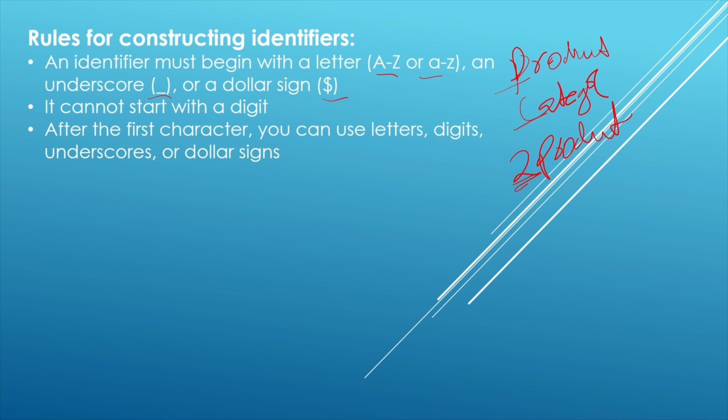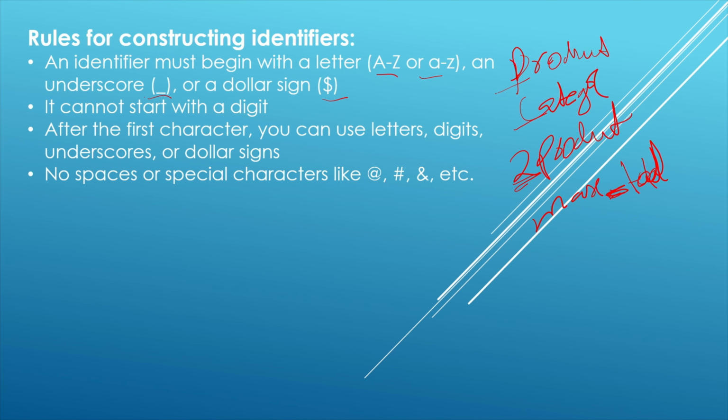And after the first character, you can use letters, digits, underscore, and dollar sign. Example, if I want to write max underscore total, yes, I can write something like this. I can use underscore or something else. Next, no special characters, like we cannot use at the rate, hash, and those special characters when we are giving a name to our class or variables or method names or interfaces.